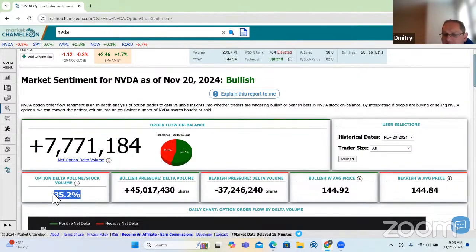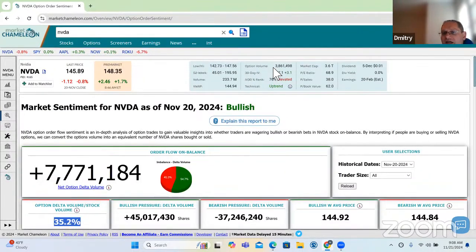35.2%, is taking the total option delta volume, okay, and from these numbers, and then dividing it by the total stock volume. Okay, so that's what the ratio is, the total volume coming in from the options relative to the stock volume.